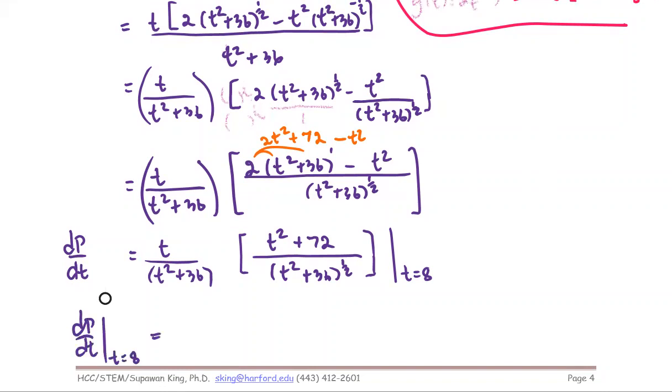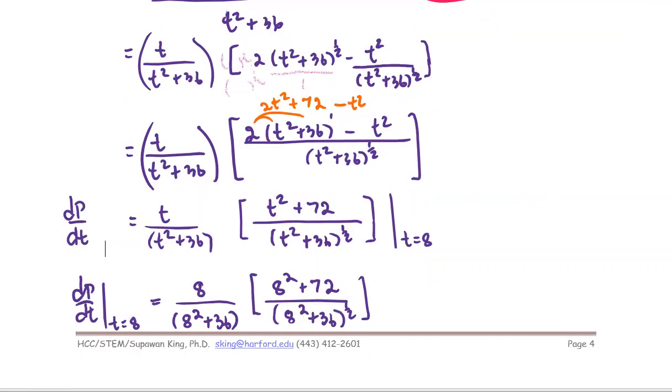Wherever you see t, you replace it with the value 8: 8 divided by 8 squared plus 36, and then in the bracket, 8 squared plus 72 divided by the quantity 8 squared plus 36 to the power 1/2. And the answer is 1.088. The unit would be the unit of the measure of pollution divided by year.